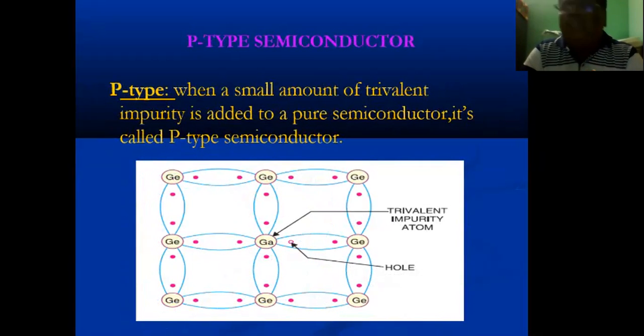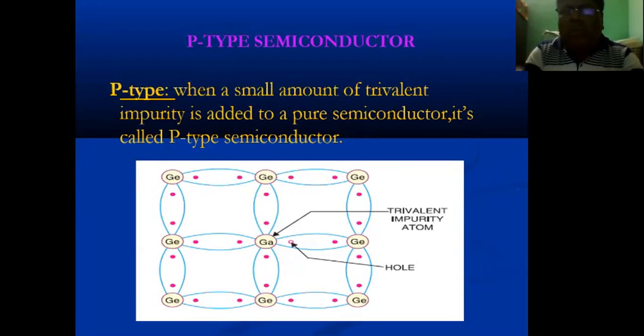What is the P-type semiconductor? When a small amount of trivalent impurity is added to a pure semiconductor, it is called a P-type semiconductor. Trivalent means 3. Examples of trivalent impurities are boron, gallium and aluminum.